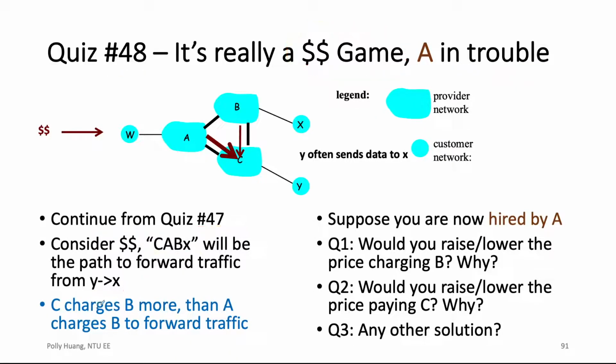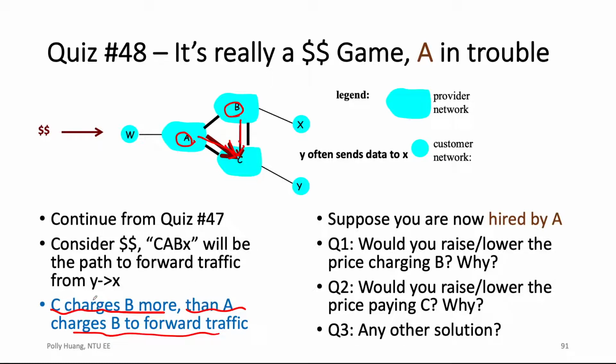The only new condition we are adding is this: C charges B more than A charges B to forward traffic. We know from quiz 47, C is charging A more and B less, forwarding traffic for A and B. You know what? A and B also have a certain paying relationship.